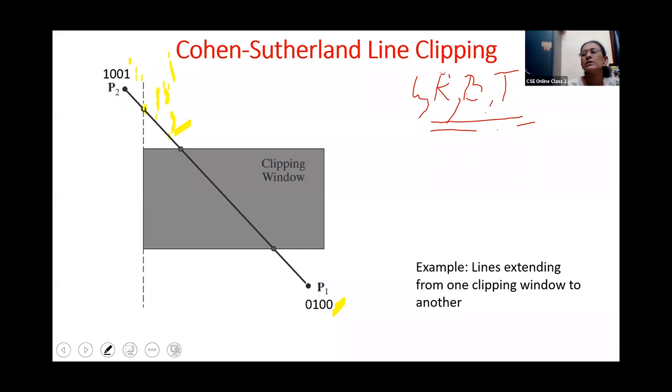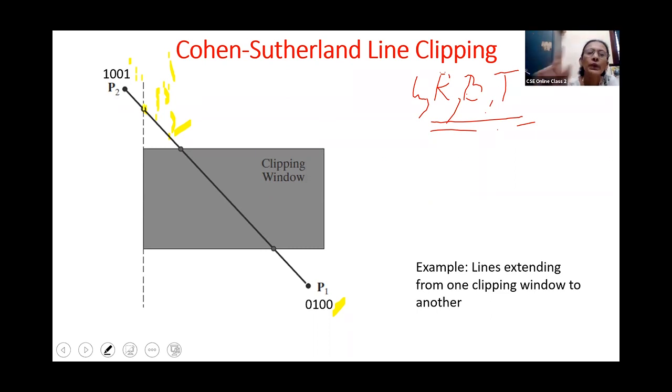How do you get this? We have to calculate the point of intersection. So we will clip the line P1 P2 to P1 P2 dash. What is P2 dash? The point of intersection with the left boundary. Why are we taking the left boundary? Because the left boundary bit is set to 1.